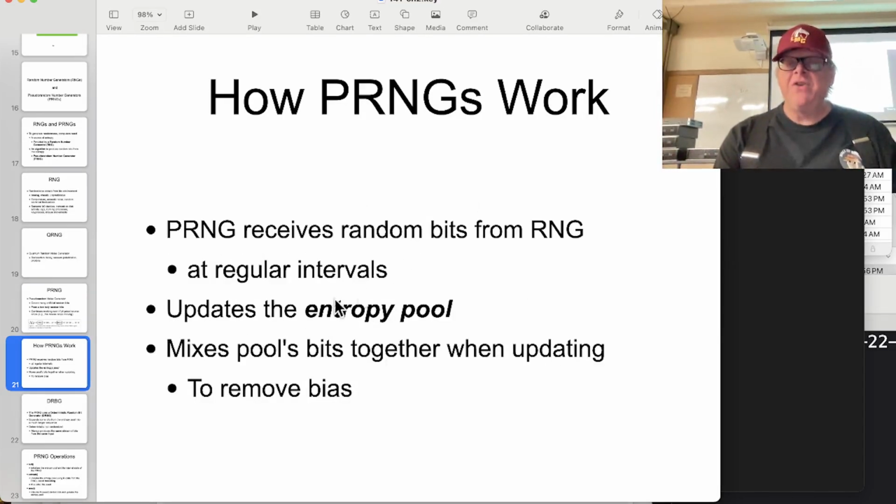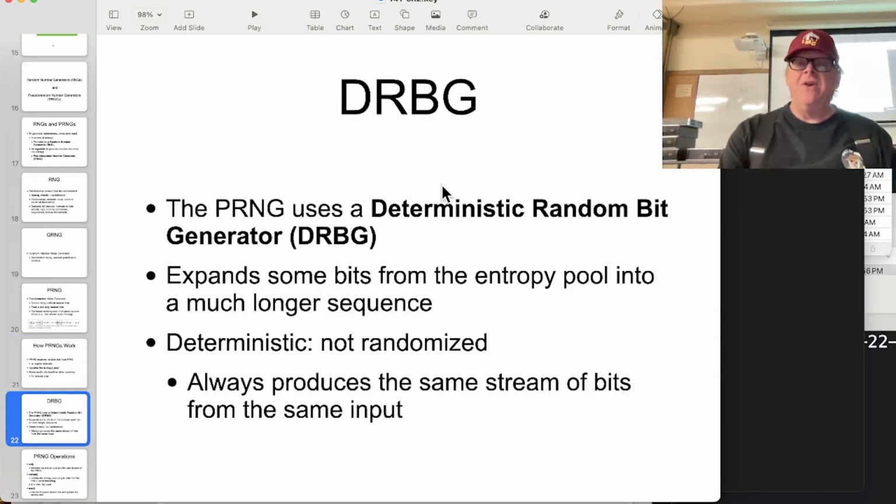So it receives random bits, it updates an entropy pool, and it mixes the pool's bits together when updating. So that's the plan, and so it uses a deterministic random bit generator that takes some bits from the entropy pool and creates a much longer sequence. This is deterministic though. If you knew the bits in the pool, you could predict the output of the deterministic generator.